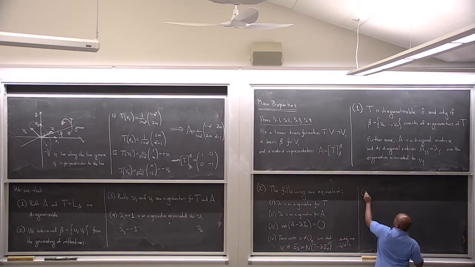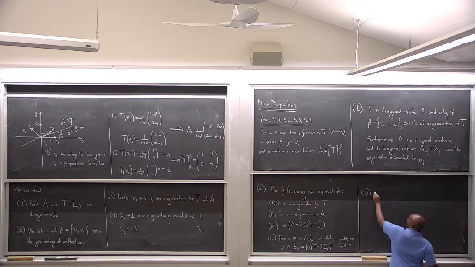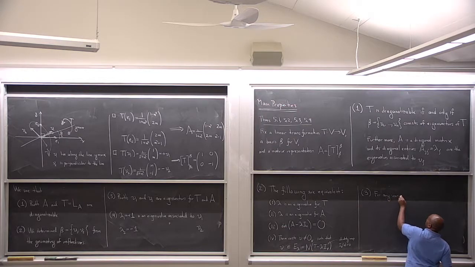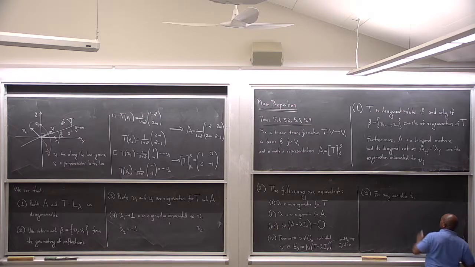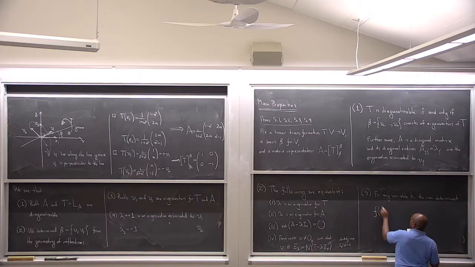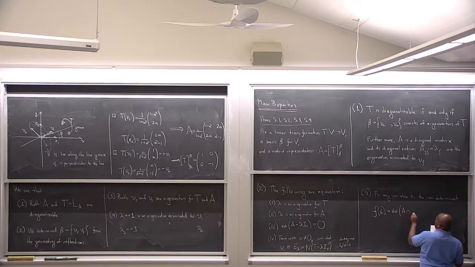Finally, number 3, for any variable t, this n by n determinant, which I'll call f of t. So it's the determinant here of A minus t times this n by n identity matrix.